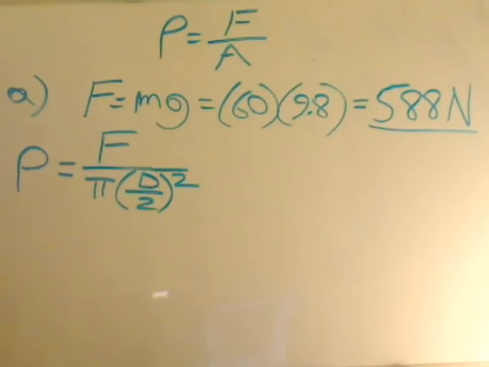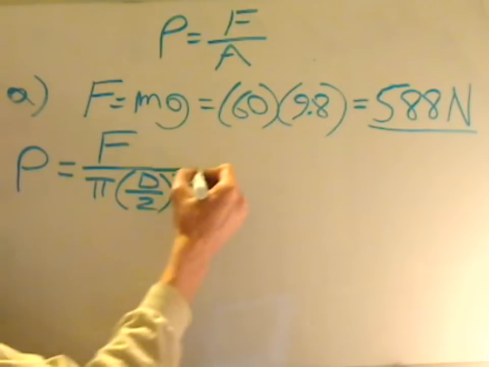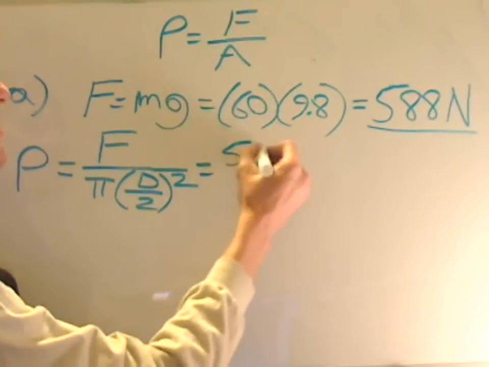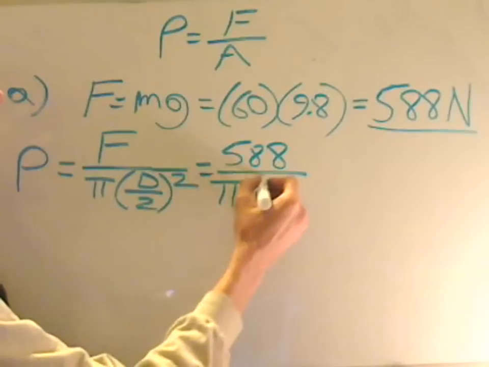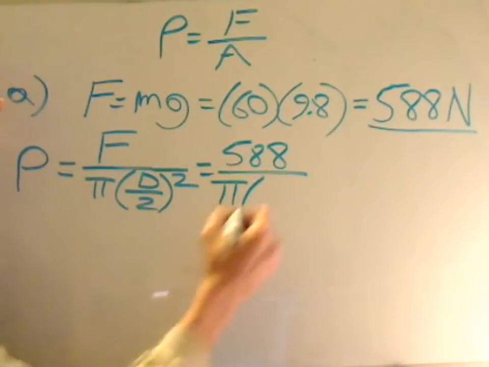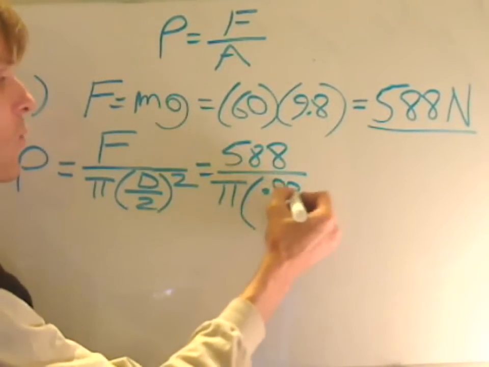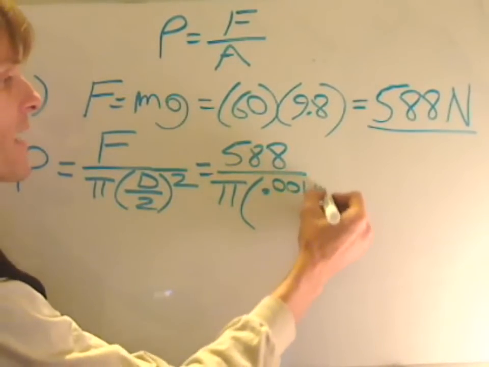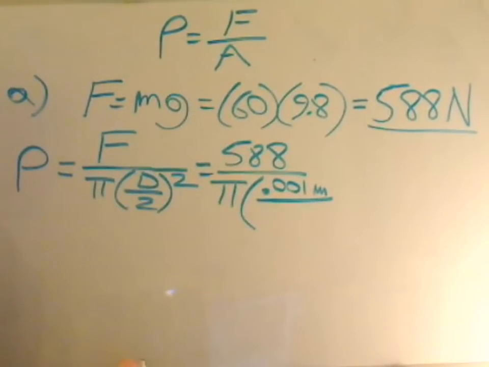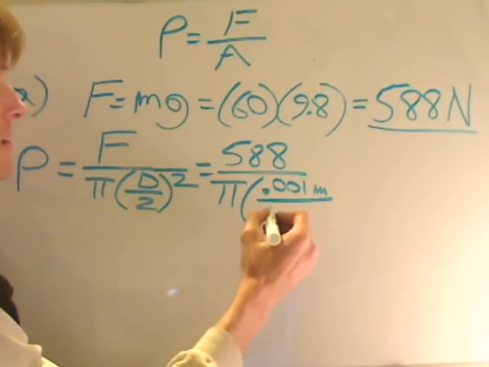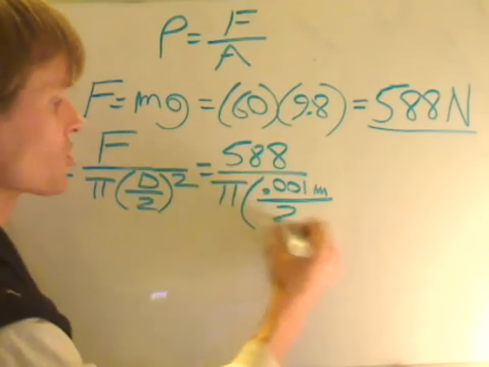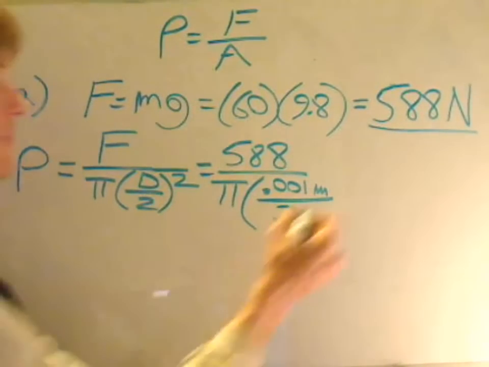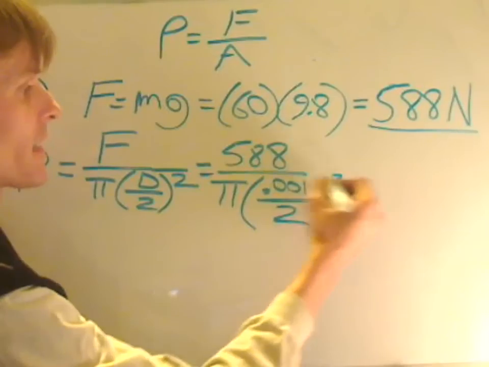So we can plug these values in here: 588 newtons divided by pi. Now 1 millimeter is 0.001 meters. Remember, we have to get everything into meters. And that is divided by 2, for our 2 there, because this is diameter, and then squared.